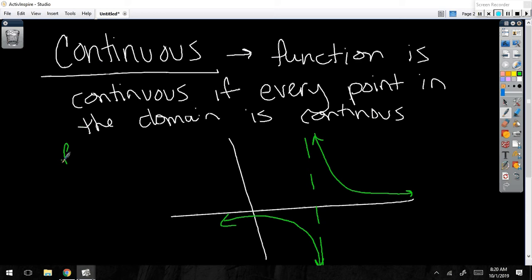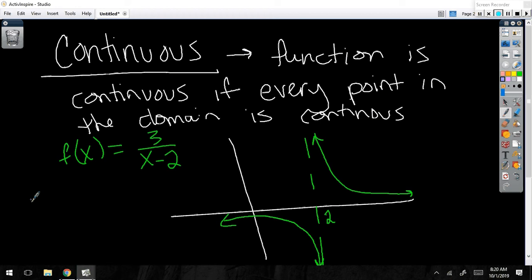And so maybe let me give you this equation. Let's say it was 3 over x minus 2. Okay, so this is 2. When you find the domain of this function, what is the domain of this function based on the equation? What about x minus 2?